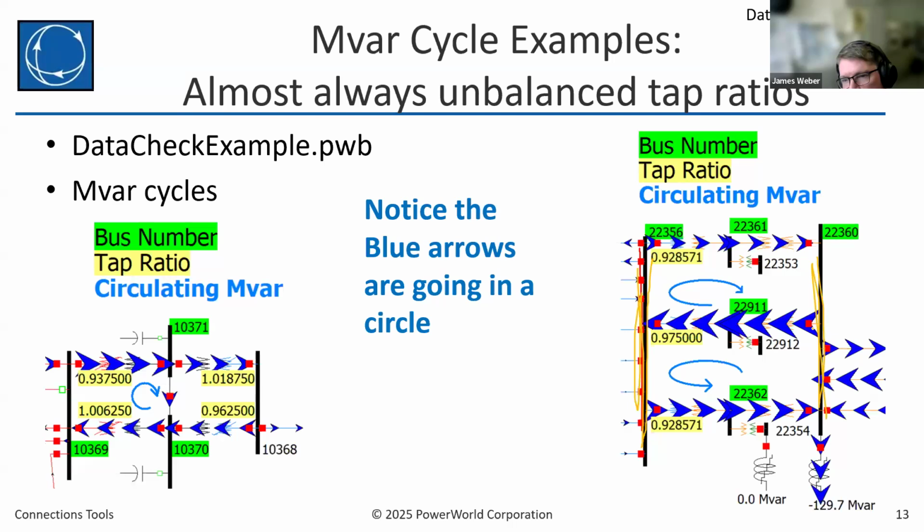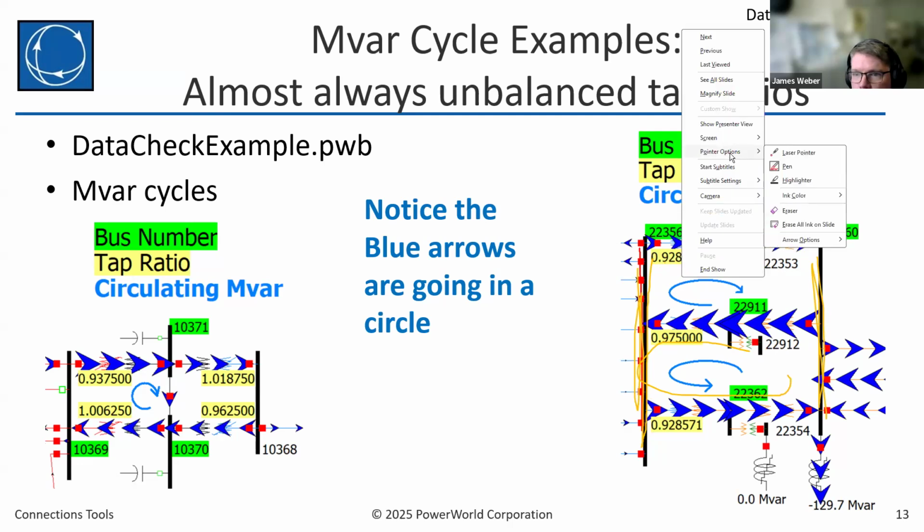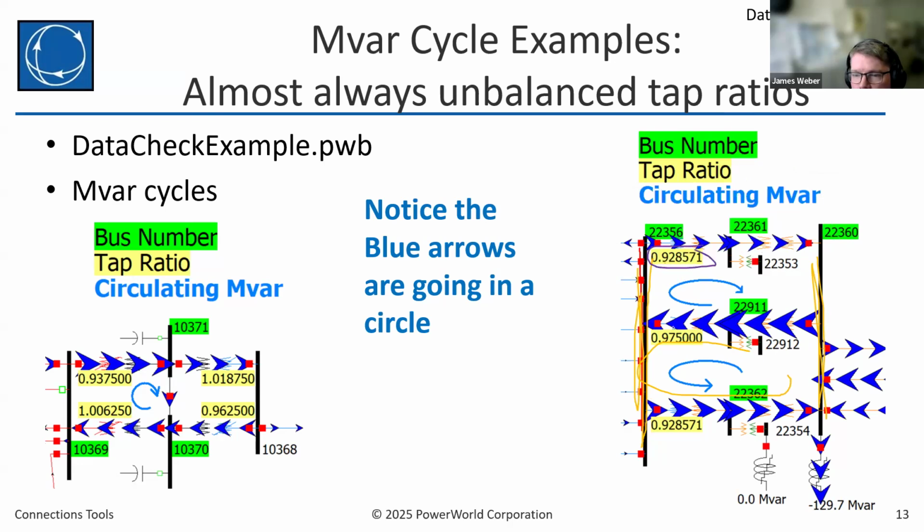The blue arrows are representing vars. So you can see we've got a circulating path of vars going around and around here, and we also have some going around and around at the top. The reason it's happening is because we have these 3 tap ratios right here that are 0.928. These two probably are coordinated.